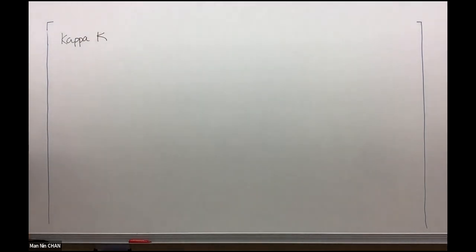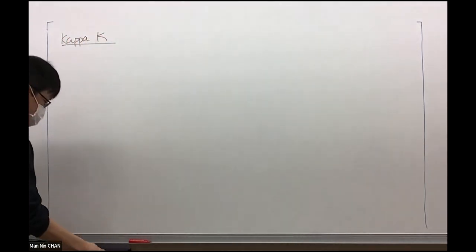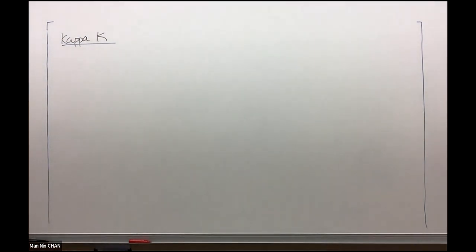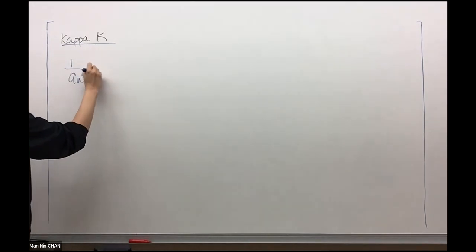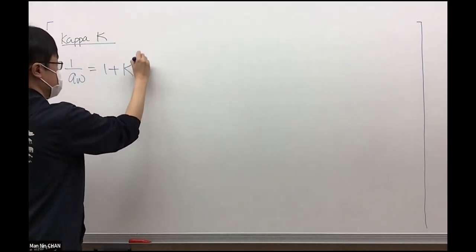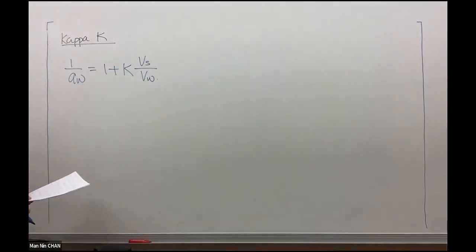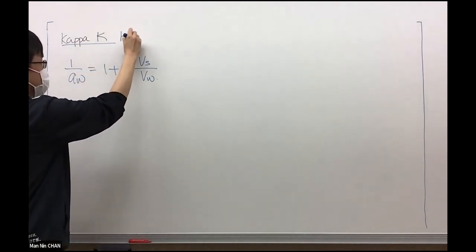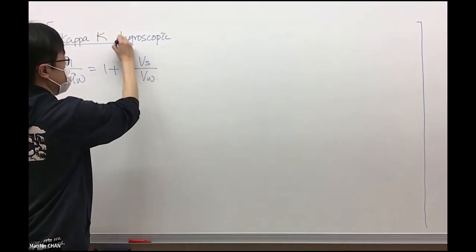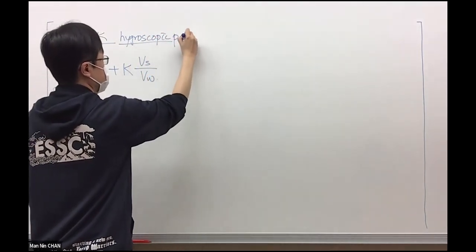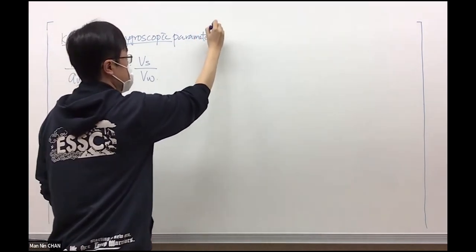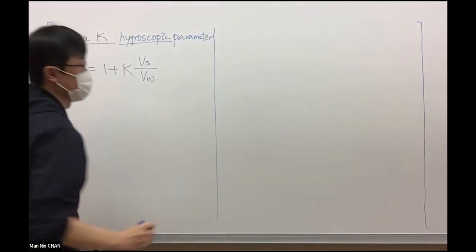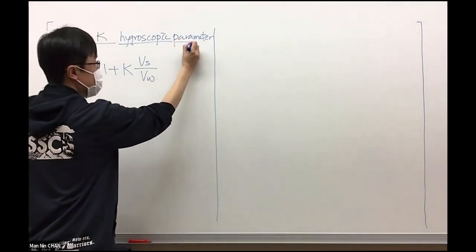So kappa here. So the kappa equation. Basically, to remind you quickly, this is your kappa parameter. It's a hygroscopicity, or hygroscopic parameter, of your species.